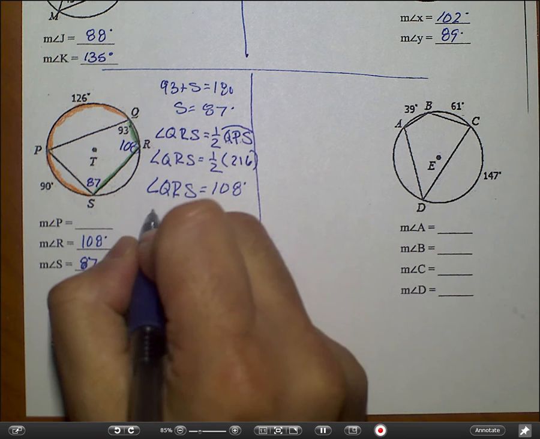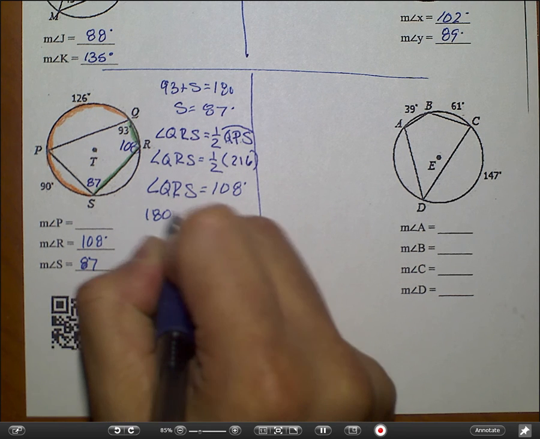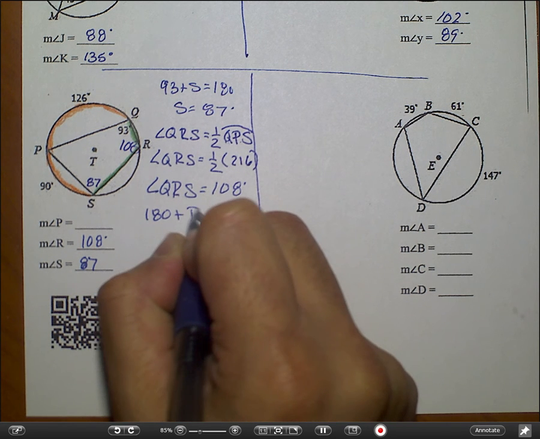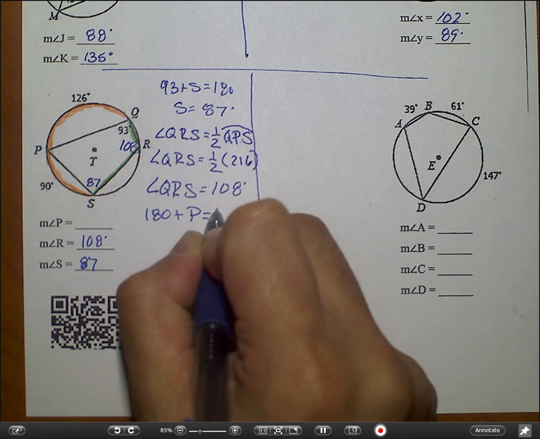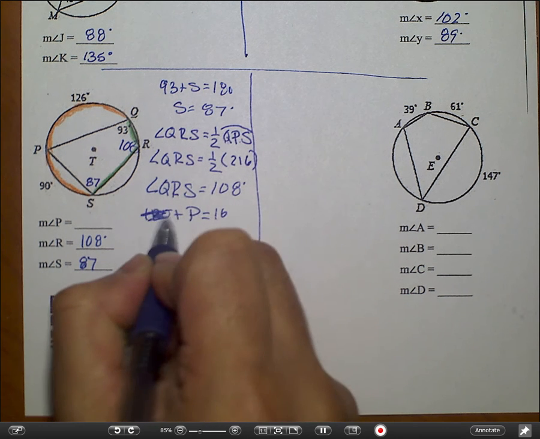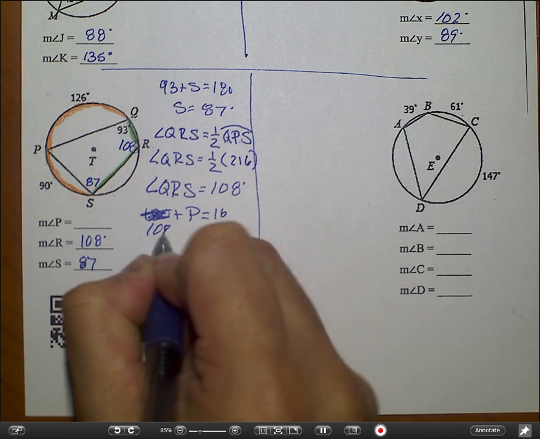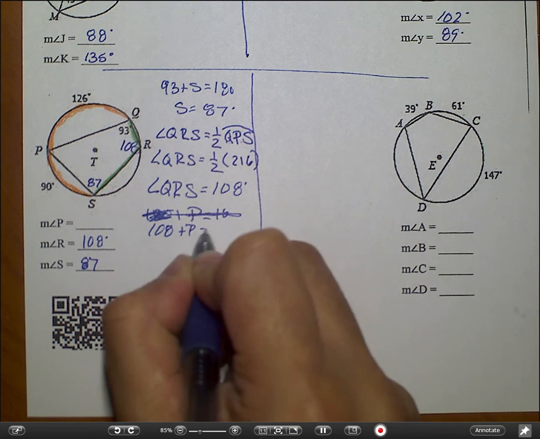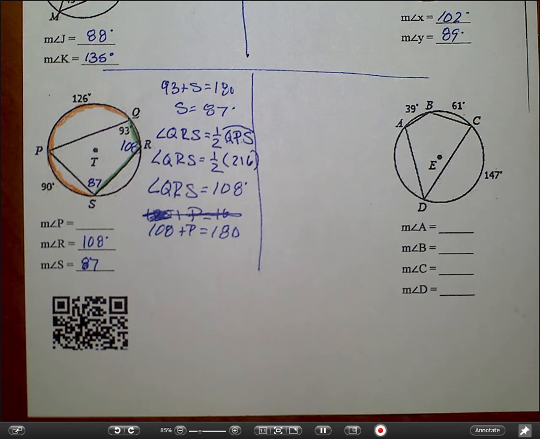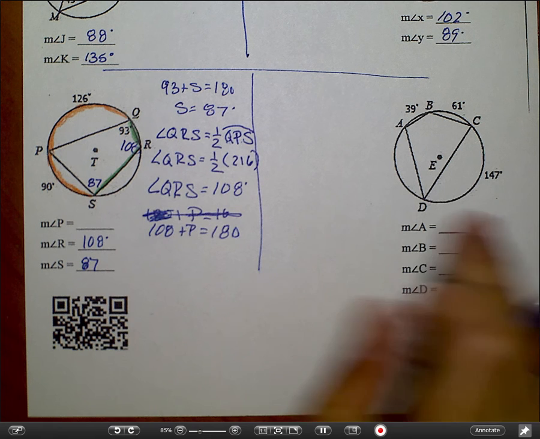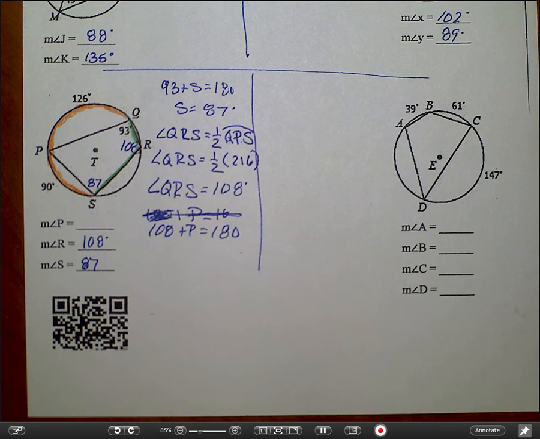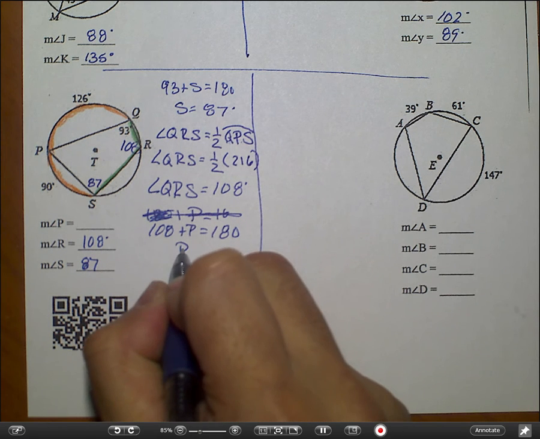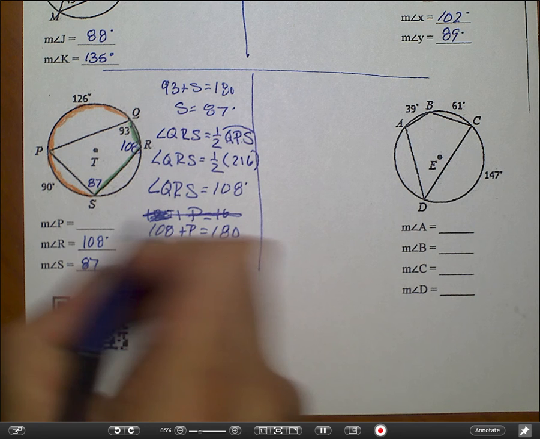So we're going to say that 108 plus P equals 180. Subtract 108 from both sides. Which is 72. 72 degrees.